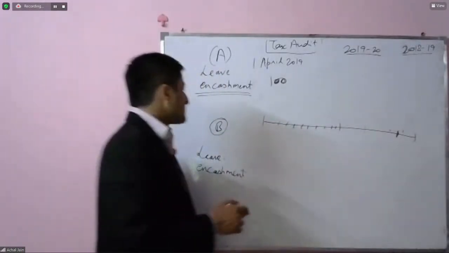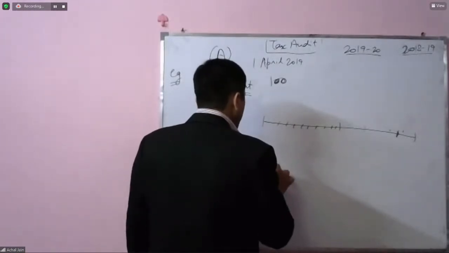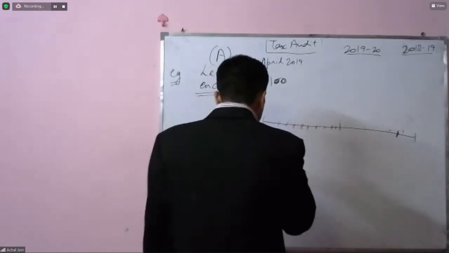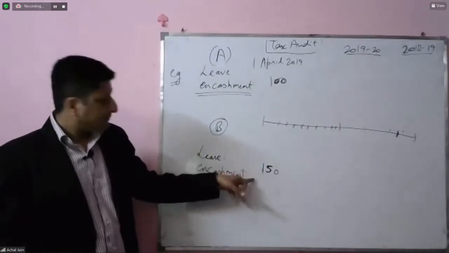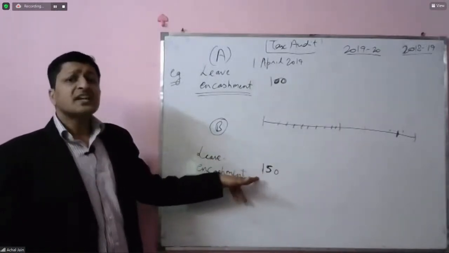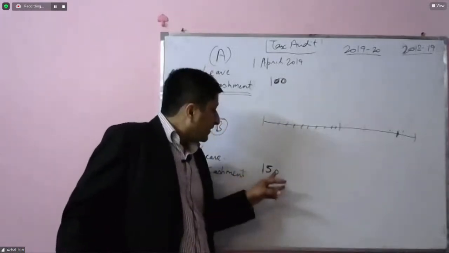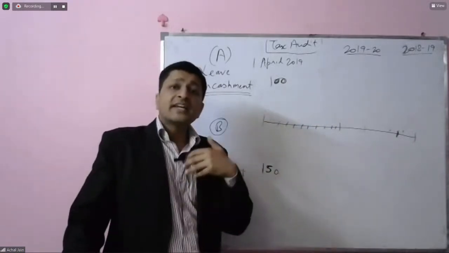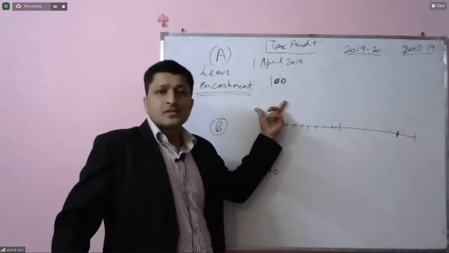Let's suppose in the current year, 150 is the amount of expense accrued towards leave encashment. Now, because this is incurred during the previous year, that's why, can it go over here? No. Why? Because if it is getting incurred over here, it cannot go to this.